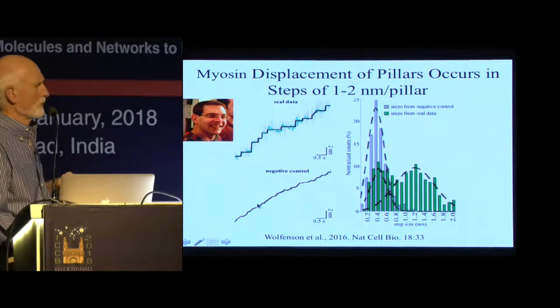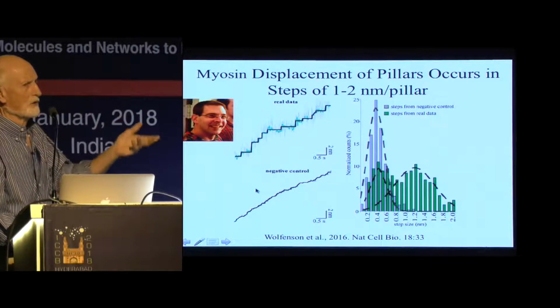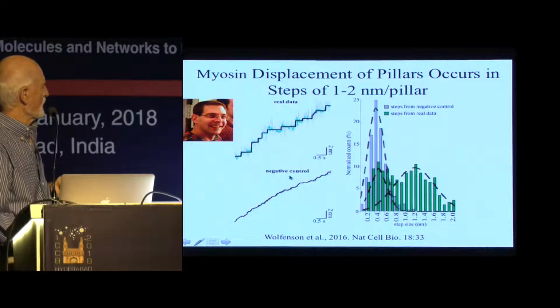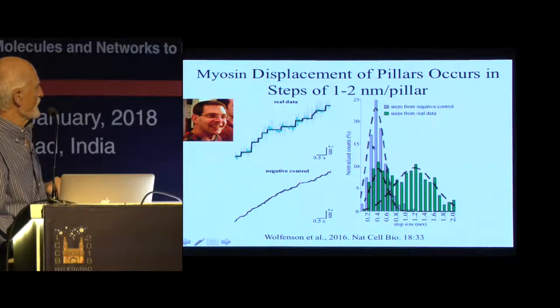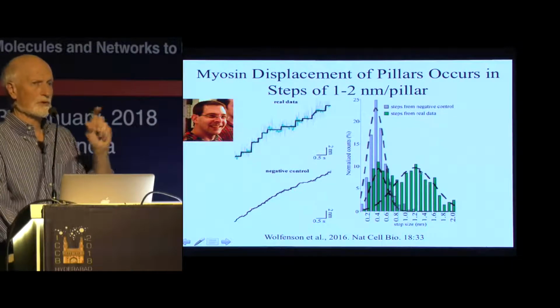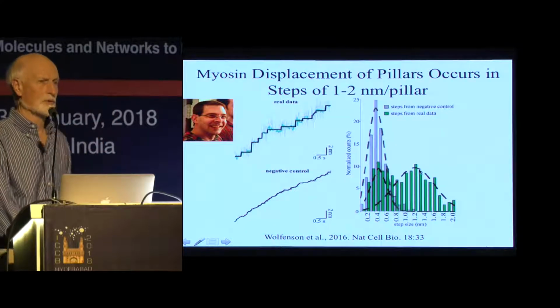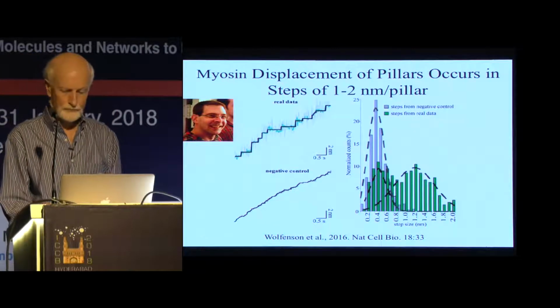This is the control, taking that slope and adding noise to it, and we analyzed that, and that gave steps of about 3 angstroms, but the major real steps were about 1.2 nanometers.